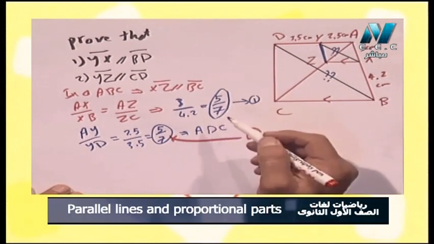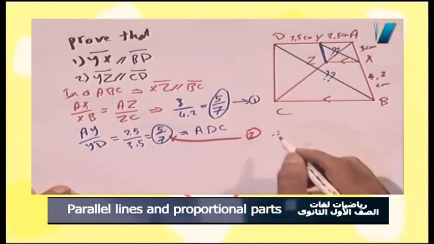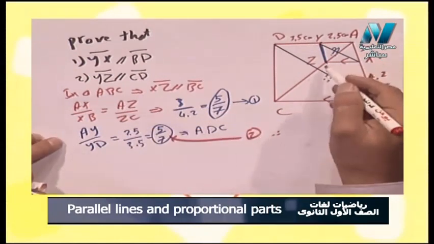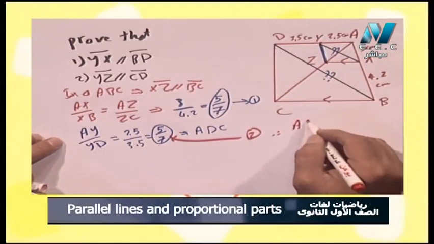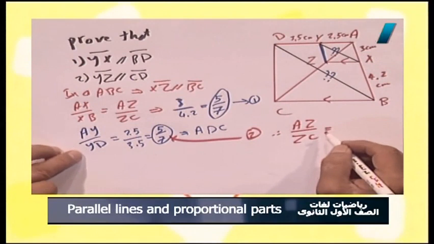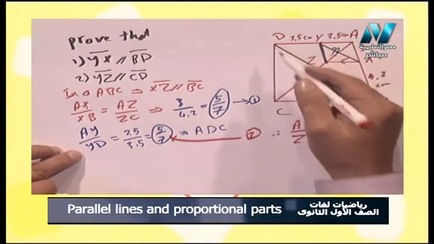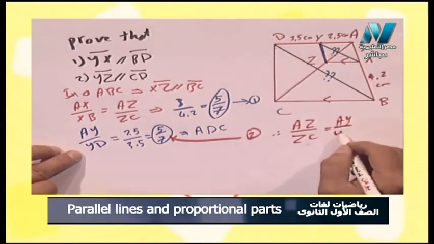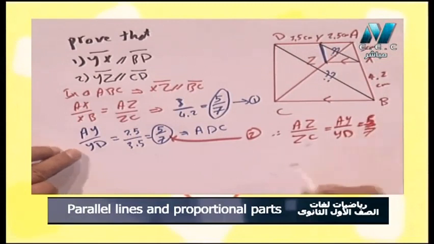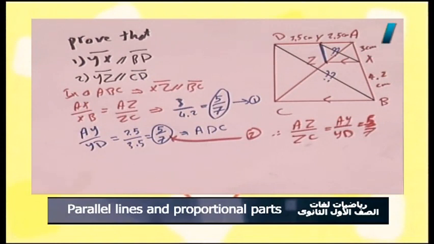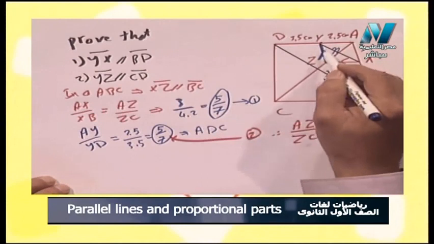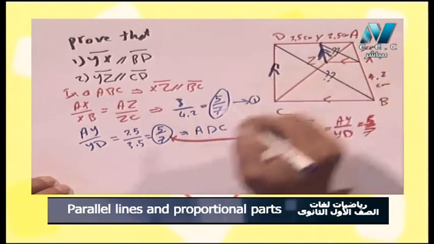So they are equal. So we can say that AZ over ZC equal AY over YD equal 5 over 7. So we can deduce easily that ZY here will be parallel to BC.